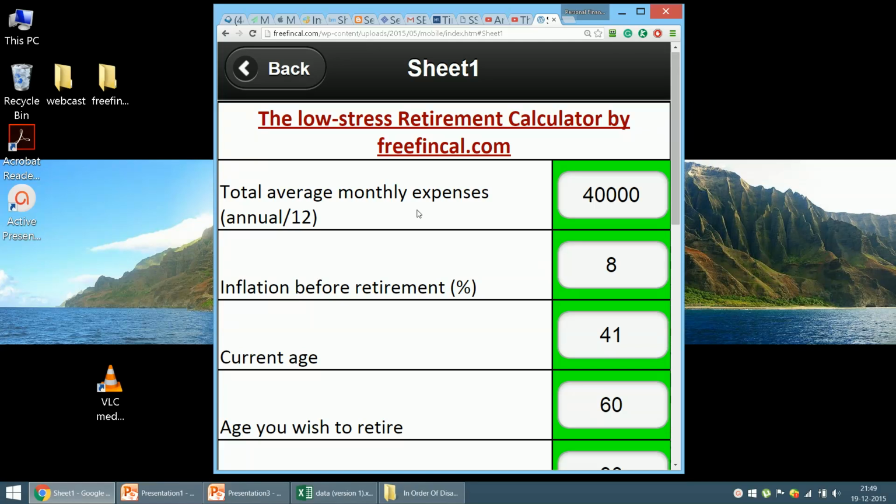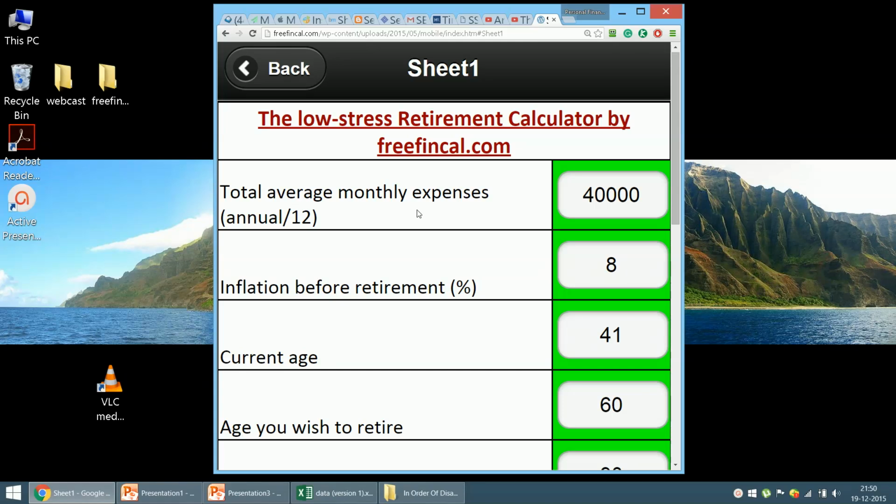I suggest that you look at your annual expenses and remove any expense that will not persist in retirement. For example, your school fees for your children are not going to be there. Your EMIs are not going to be around. Your term insurance premium, or any other LIC policy premium, is not going to be around.